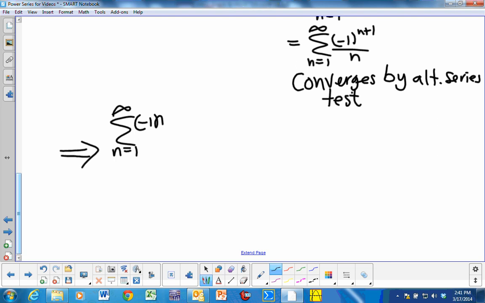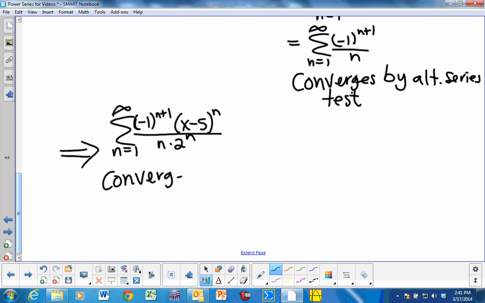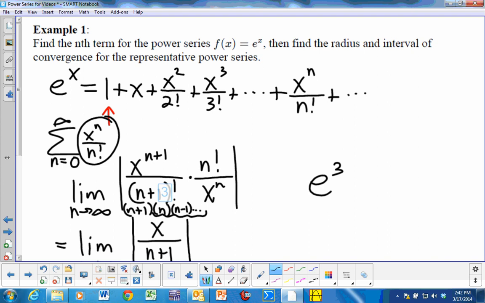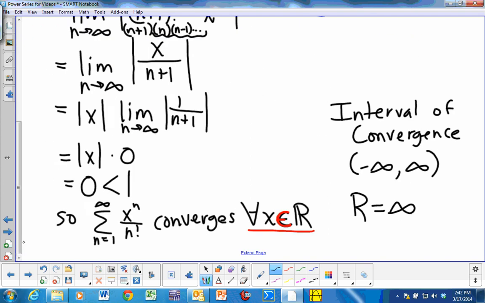that I started with, x minus 5 to the n over n times 2 to the n. This series converges, or I'm sorry, I don't want to just say converges, I want to say the interval of convergence.